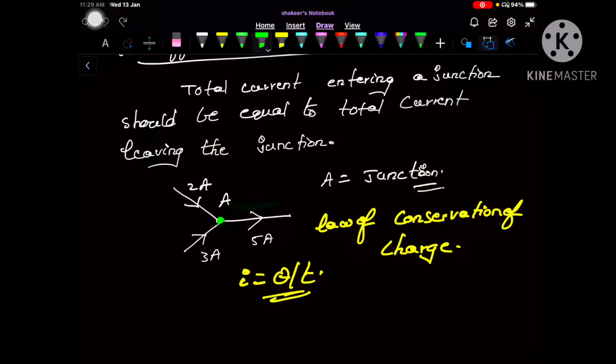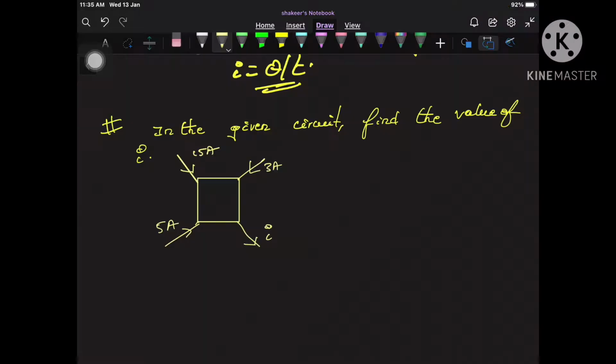Now let us try to do some examples based on Kirchhoff's current rule. This is the given question here. In this circuit, we are supposed to find this I value. How can I calculate this I value?